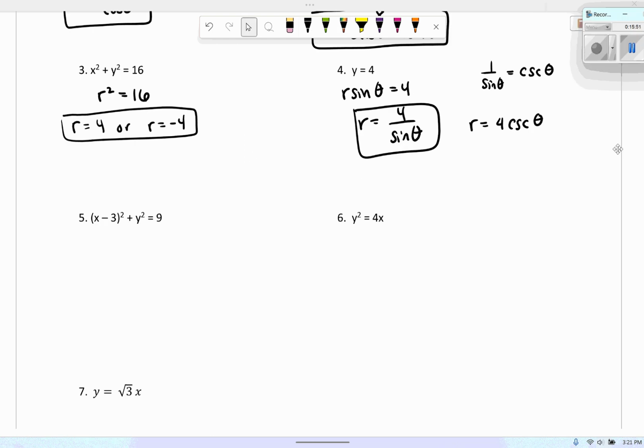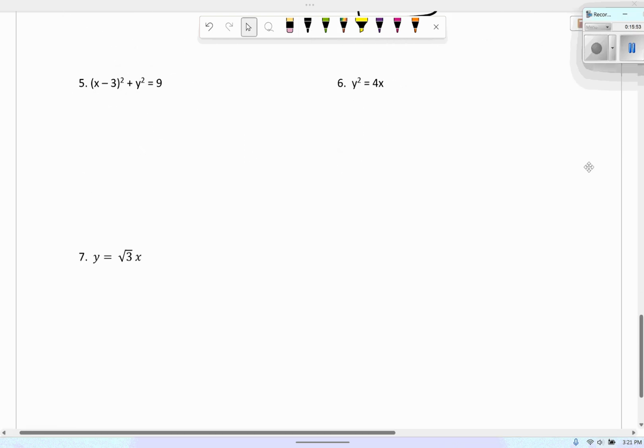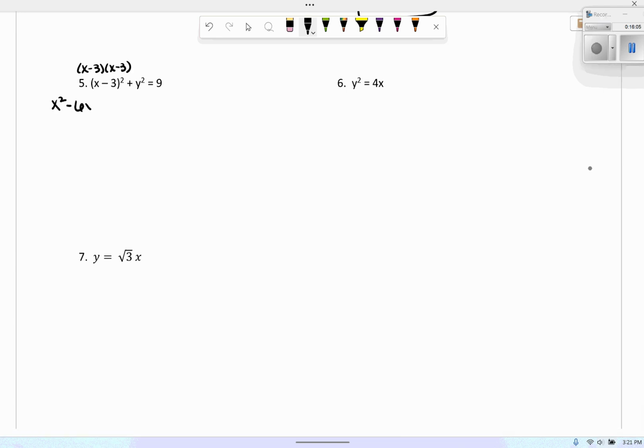All right, question number 5. So for this one, the first thing I would do is FOIL out the x minus 3 squared, because remember that's really x minus 3 times x minus 3. So if you FOIL that, you get x squared minus 6x plus 9.